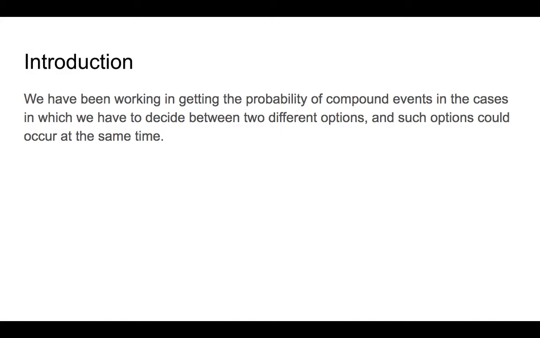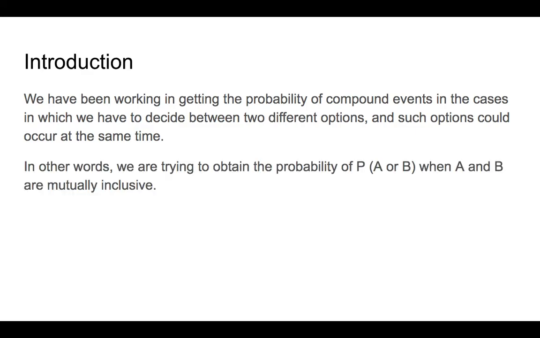As an introduction, I'm going to explain again what's the probability of compound events in the case in which you have to decide between two different options, A and B, but both options can happen at the same time. We are trying to obtain the probability that A or B happens when A and B are mutually inclusive, when A and B can happen at the same time.